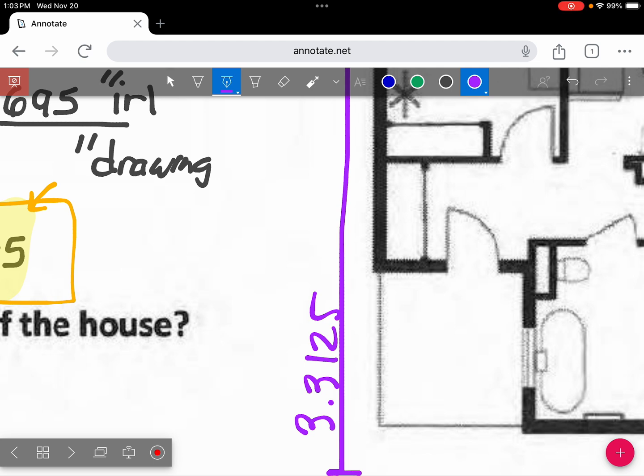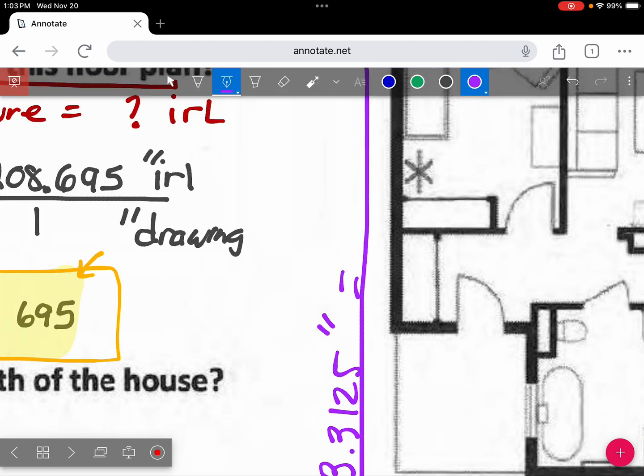I want to know what this one is in real life. So I know my drawing inches. I want to know my in real life inches. So try and find me the actual measurement of that side of the house.